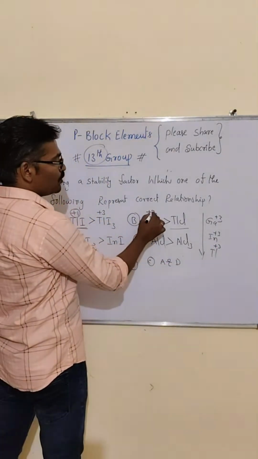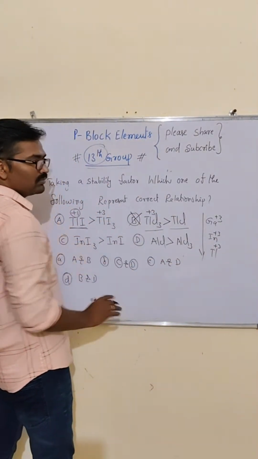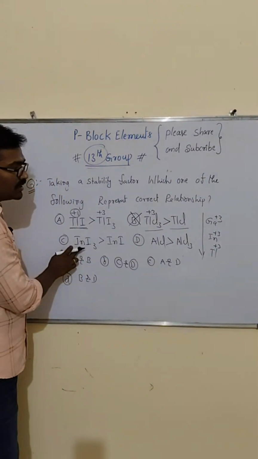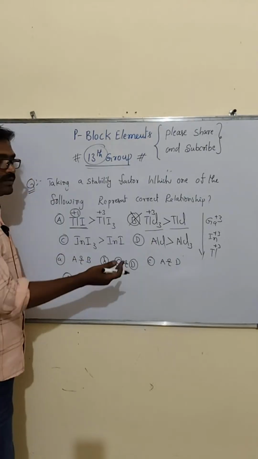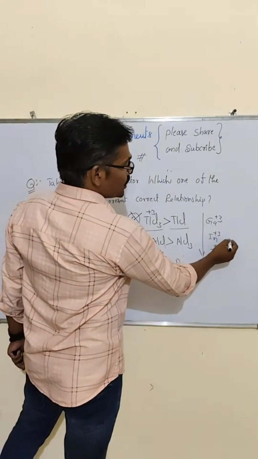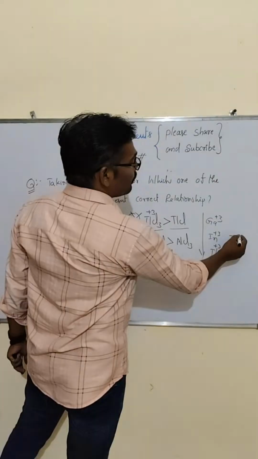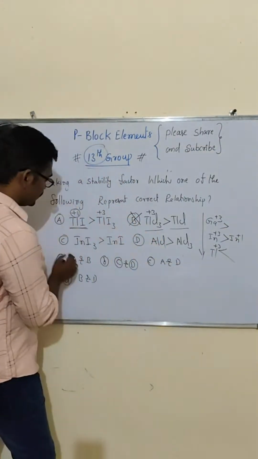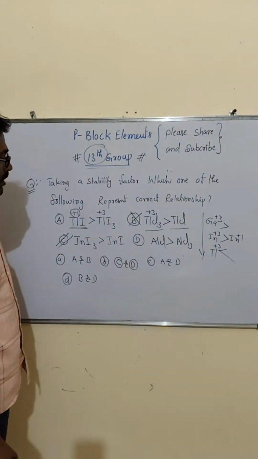So the plus 3 is more stable; what is mentioned is wrong. Then the C option, indium plus 3 is more stable compared to indium plus 1. So this is more stable, this is less stable. So this is correct. A and C are correct.